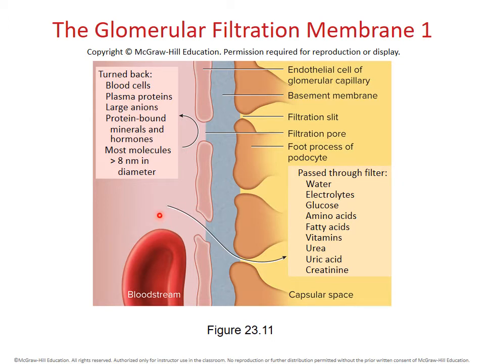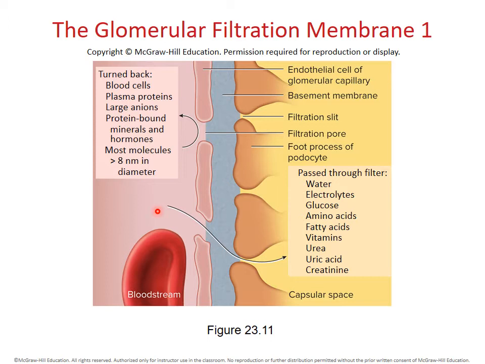For materials to move, of course, they have to pass through some kind of barrier. And this barrier between the blood and the glomerulus and the capsular space is referred to as the filtration membrane, somewhat reminiscent of the respiratory membrane in alveoli, which allows gases to exchange between blood and air. Here we're talking about the exchange of dissolved molecules between blood plasma and fluid filtrate in the capsular space.